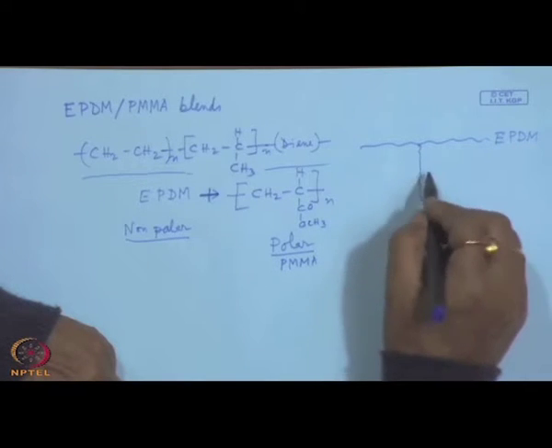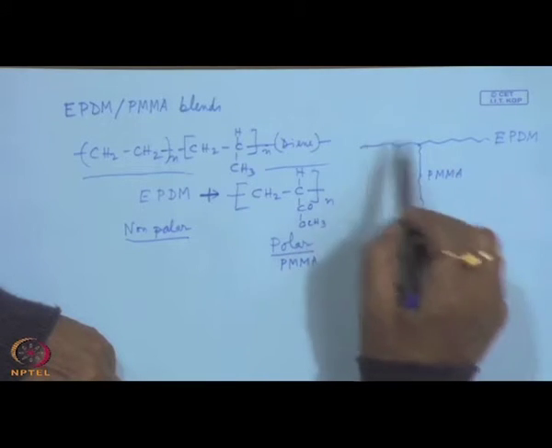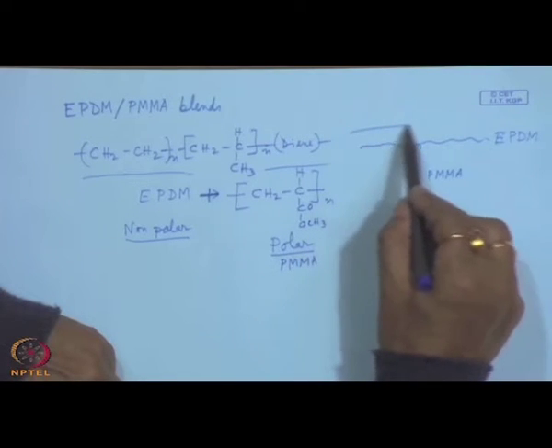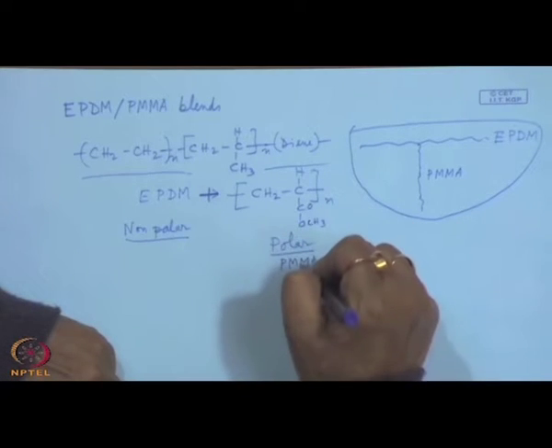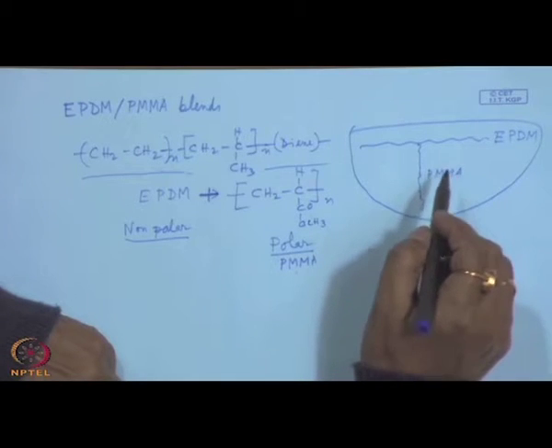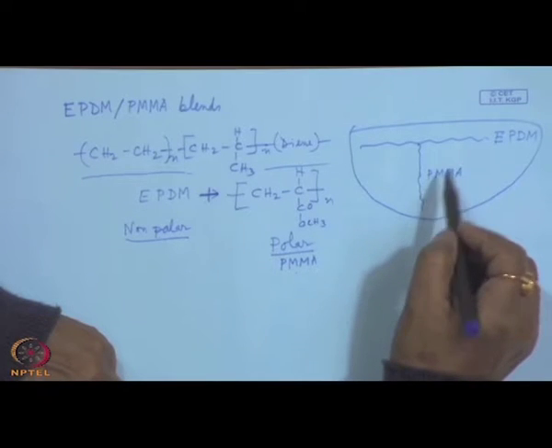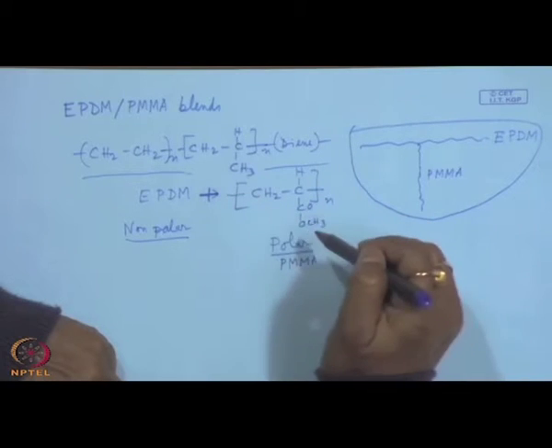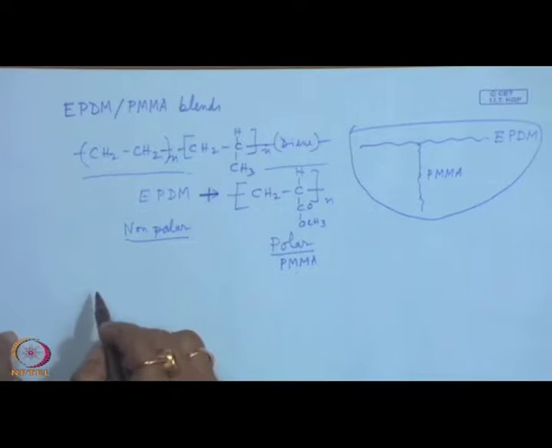So, this is PMMA chain. This is possible, grafting of PMMA chain on EPDM. While EPDM and PMMA are immiscible, non-compatible, use of a small quantity of this PMMA grafted EPDM in between these two can produce a good compatible polymer blend.